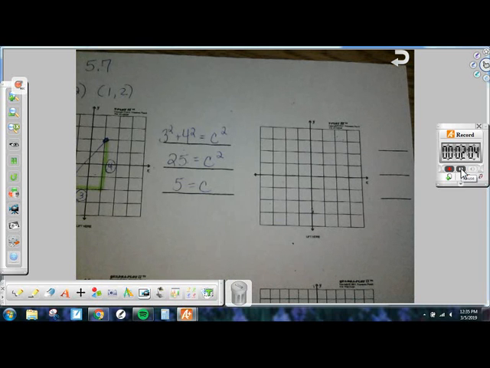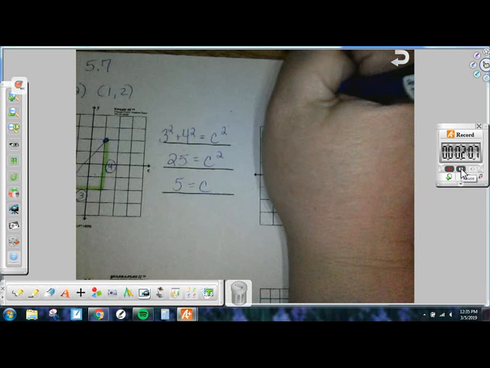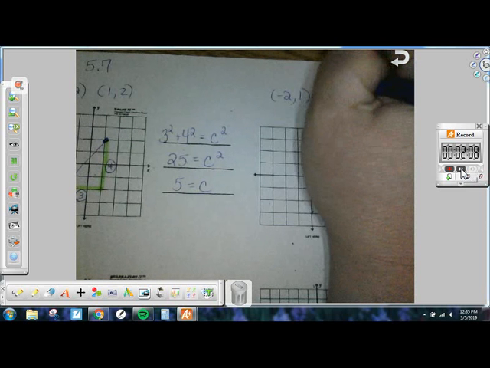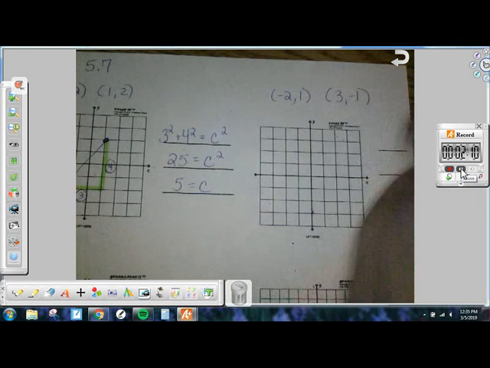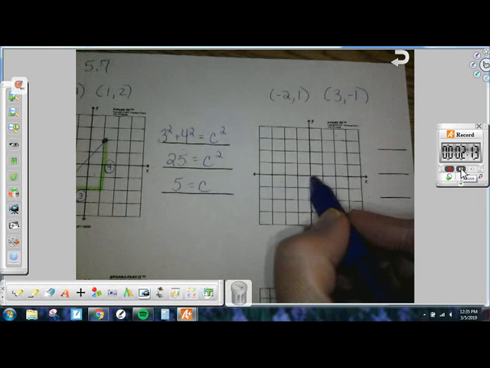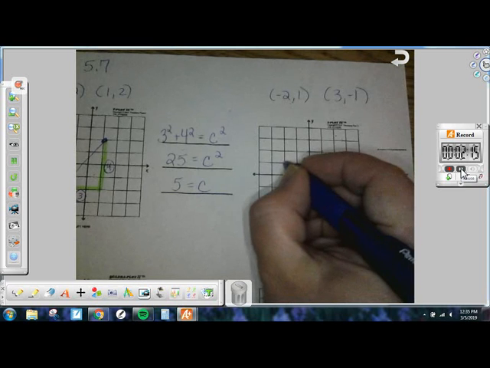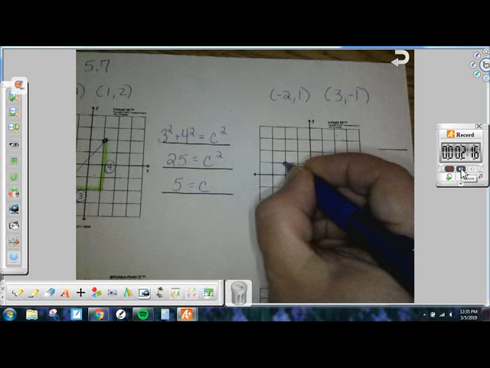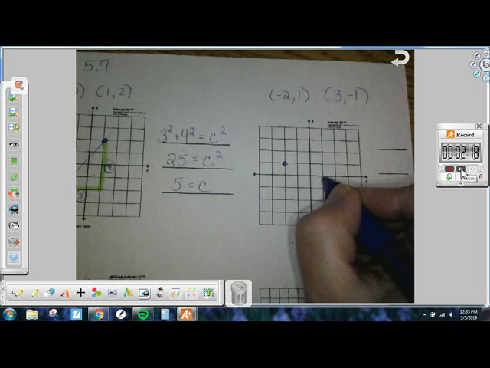Alright, so we have created our right triangle. This side is 1, 2, 3, so one of the legs is 3. The other leg, I start here, I count up 1, 2, 3, 4, 5, 6, 7. So my equation is 7 squared plus 3 squared equals c squared. 7 squared plus 3 squared is 58 equals c squared. The square root of 58 is 7.6. So the length from these 2 points is 7.6.